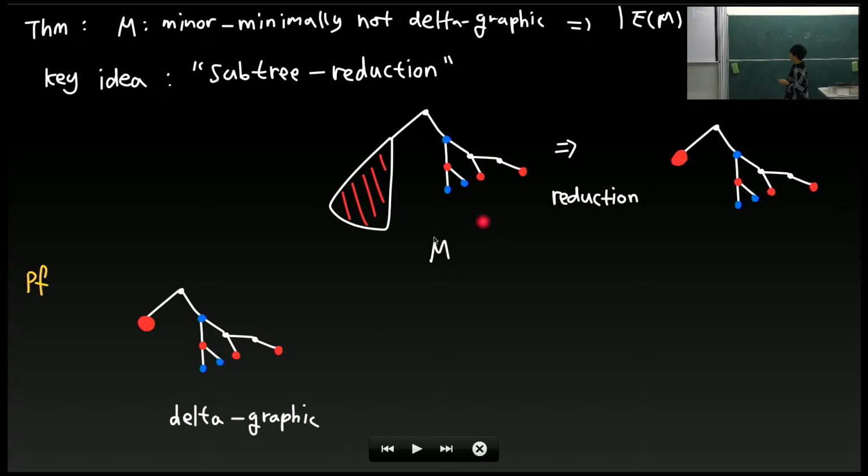However, we already assume that M is not equal to this subtree. This subtree is not a single vertex, so this minor is actually a proper minor of M. So by the condition of M, which is minor minimally not delta-graphic, we can say that this 3D composition gives a matroid which is delta-graphic.